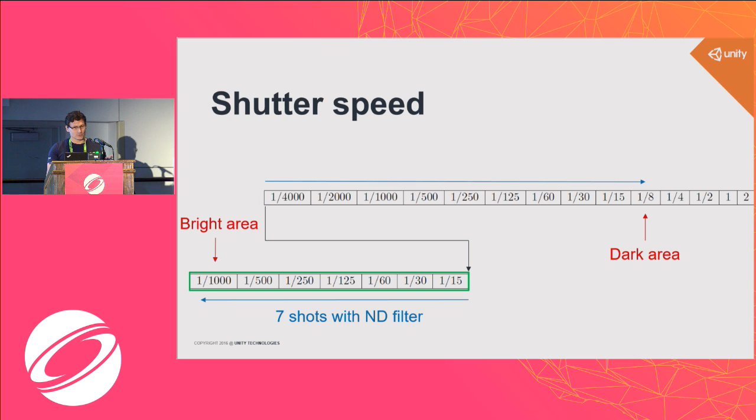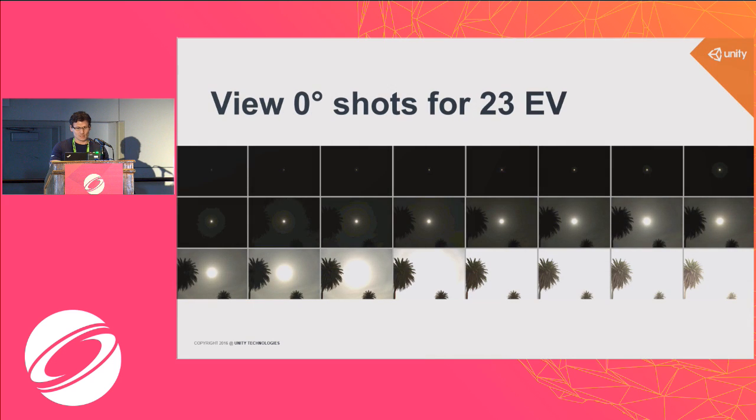After the ND filter shots, we perform a second round of shots, but without the ND filters. This range, in this case, is just the number of shots minus 1. So this is an example of shots that have been captured for a scene with 23 EV. In practice, the sun in a clear sky always requires ND 1000 plus ND 500 filters.